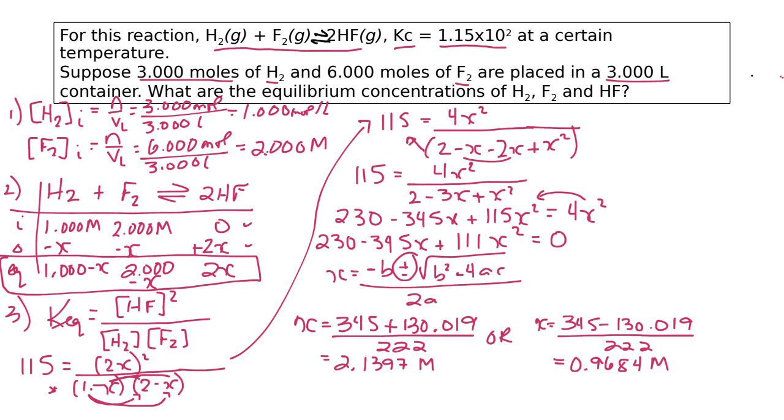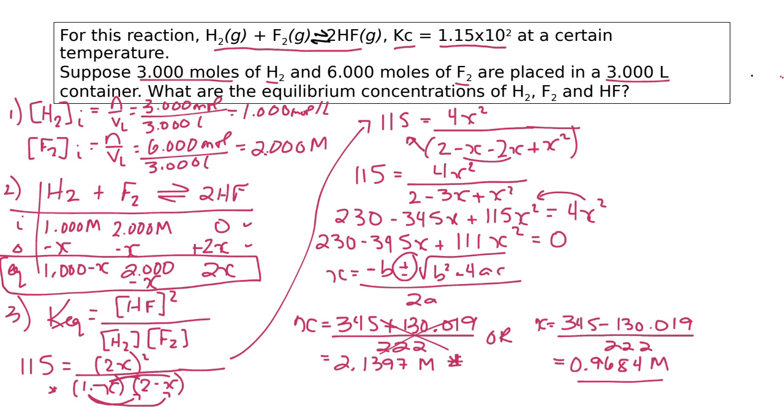Well, you cannot have a change in x that is larger than your initial concentrations. So when you look at your initial concentrations of 1 molar and 2 molar, you realize right away you cannot use this x term because it is larger than your initial concentration. So we discount that one, and this is the x term that we need to use.